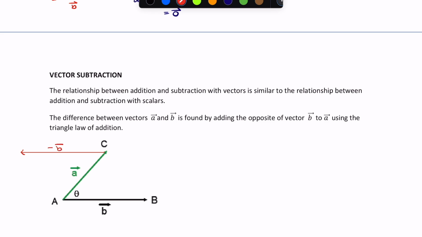Again, that would represent negative vector B. Here, we could represent, again, angle C here, and then again, we're going to connect tail to tip, or tail to head, from vector A to vector B. And so here, our resultant vector is equal to vector A plus negative vector B, which is equal to vector A minus vector B.